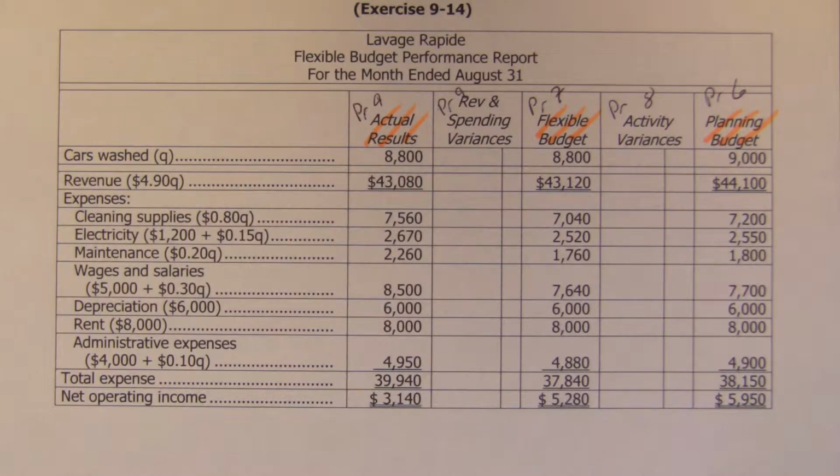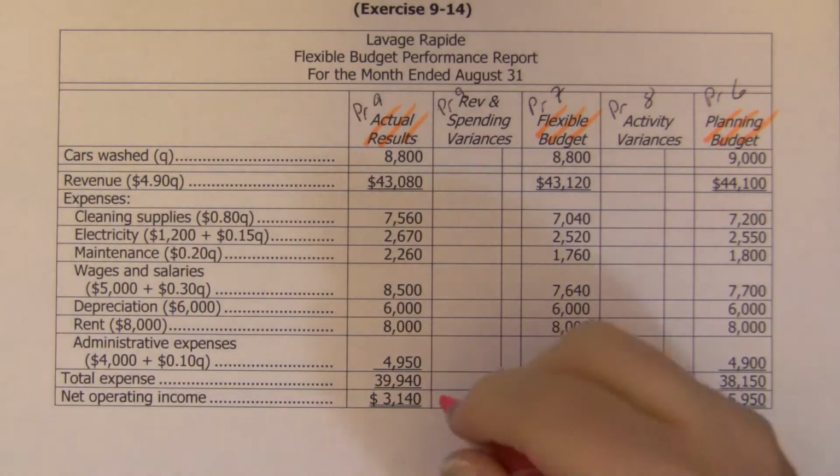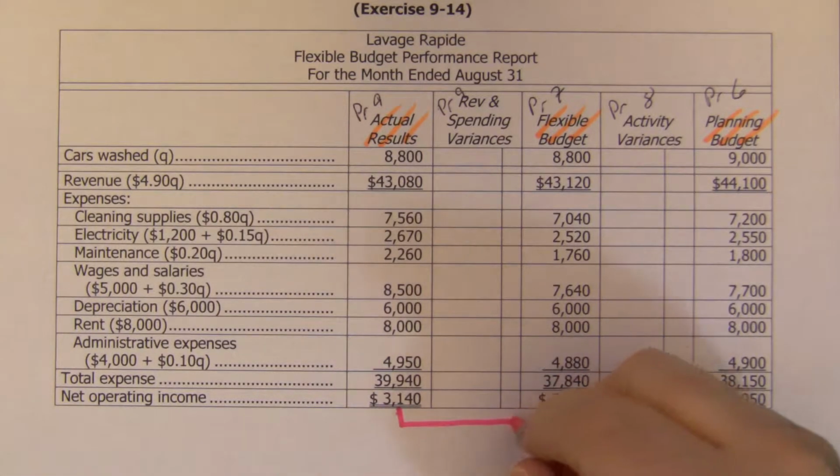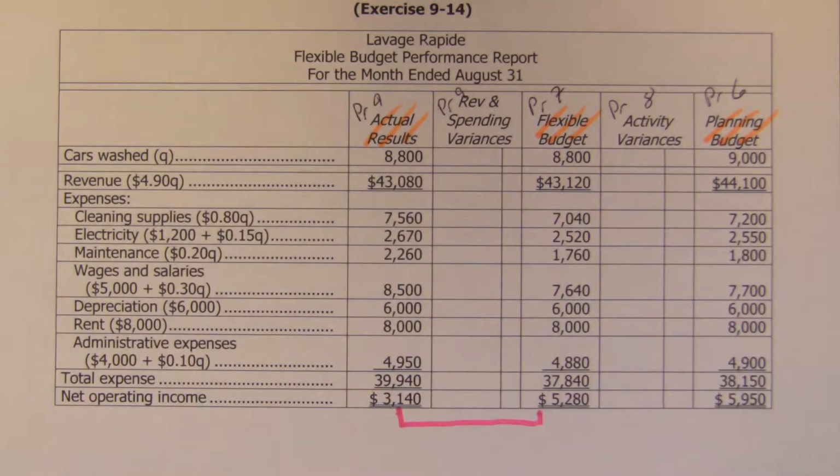Just to remind you, when we compare the flexible budget to the actual results, we get the revenue and spending variances.